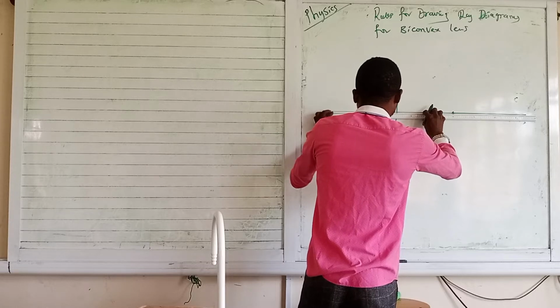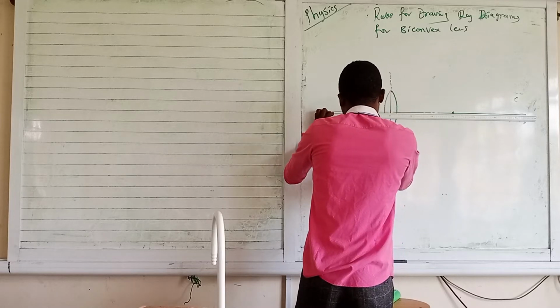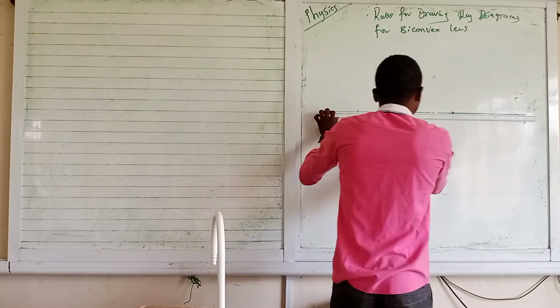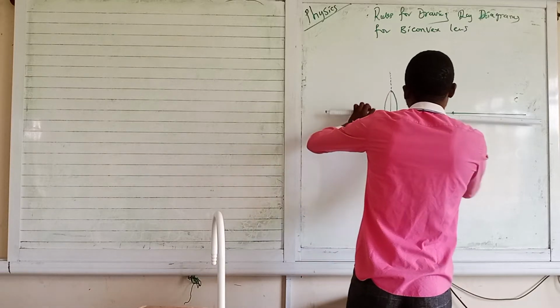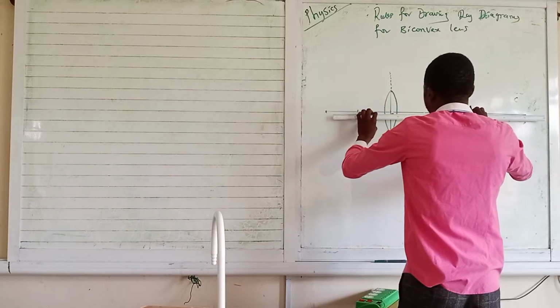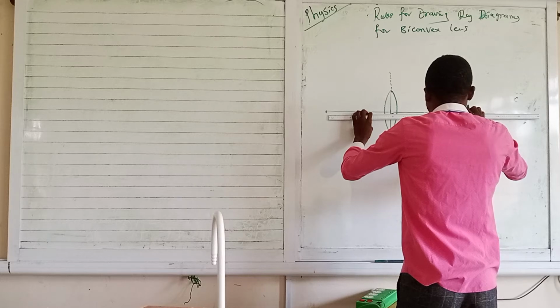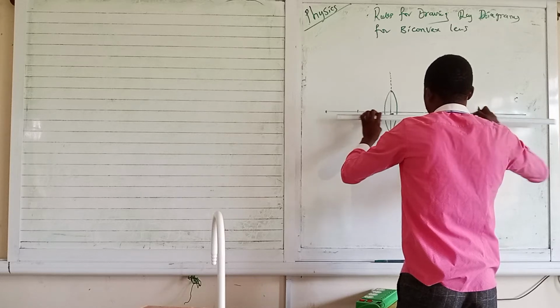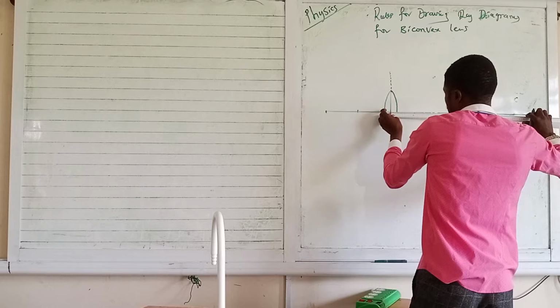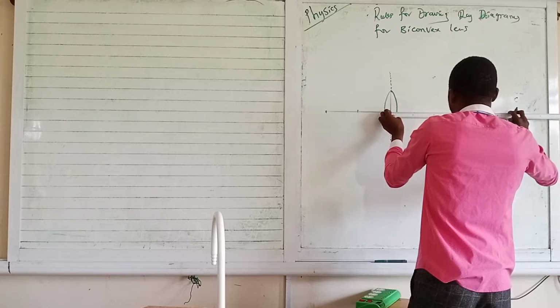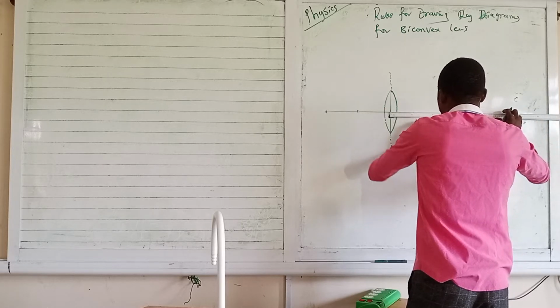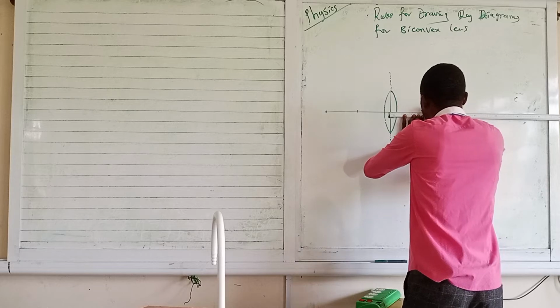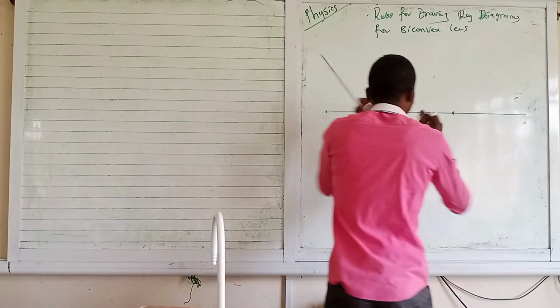This is 0 to 30, and this is where our 15 is. And again, from 30 to 60, at the 15 cm mark, this is where the center is.